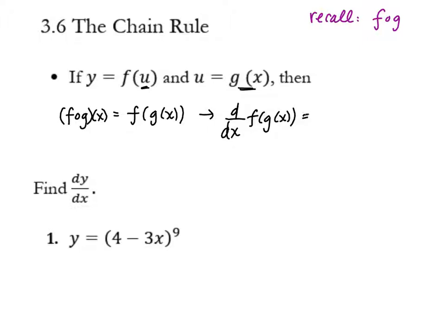the function, but it's not just a free for all, differentiate everything that you can see at the same time. There's an order. We're going to take the derivative of the outside, the derivative with respect to x of f of g of x rather. That inside part stays alone.